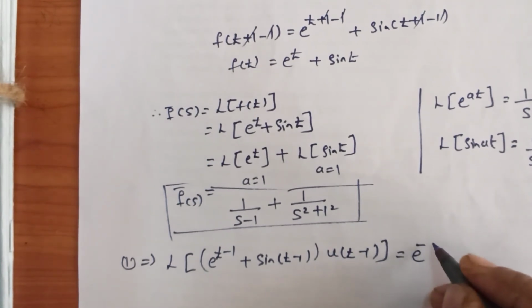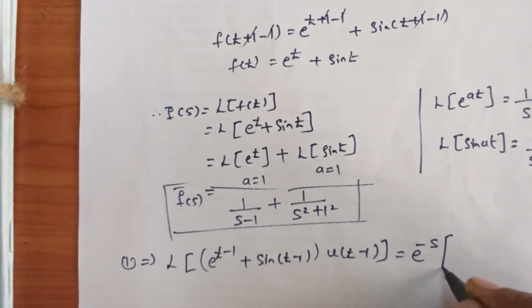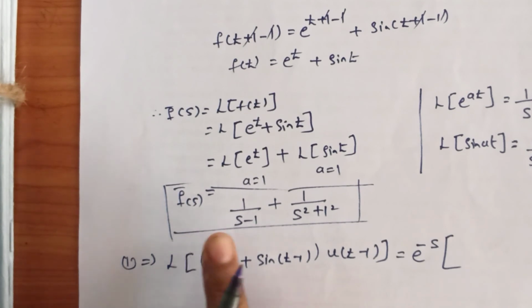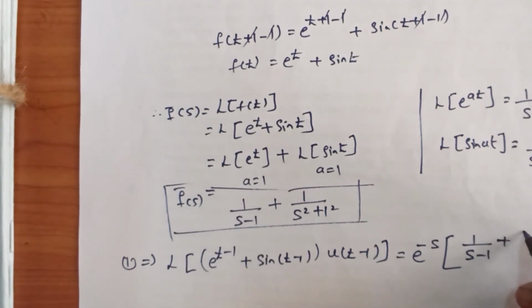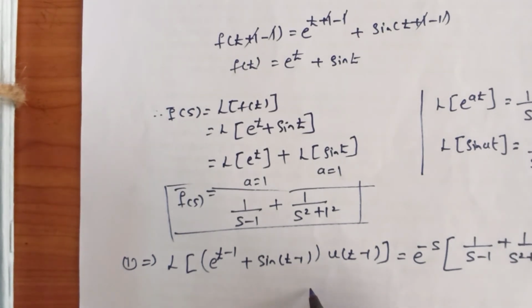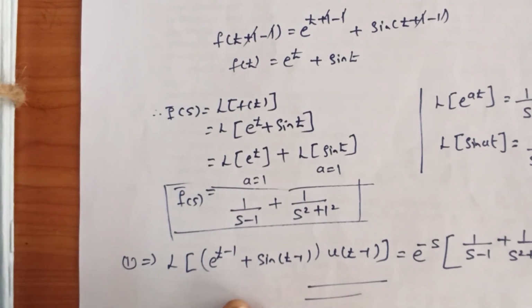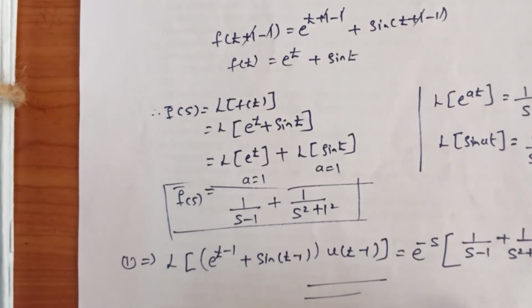What is your a? Your a is equal to 1. So I'll get e power of minus s into f bar of s. Substitute your f bar of s, that is 1 divided by s minus 1 plus 1 divided by s square plus 1 square, whose value is equal to 1. So this is the required Laplace transform of the given function by using the unit step function.